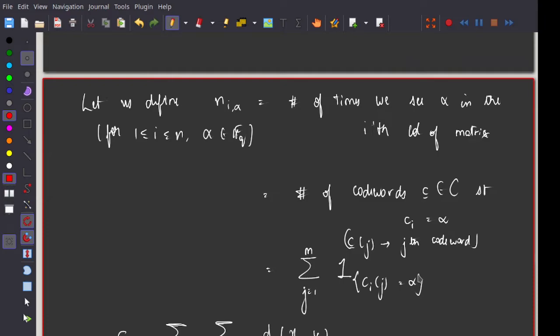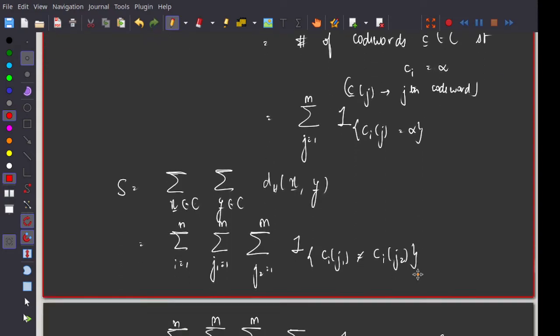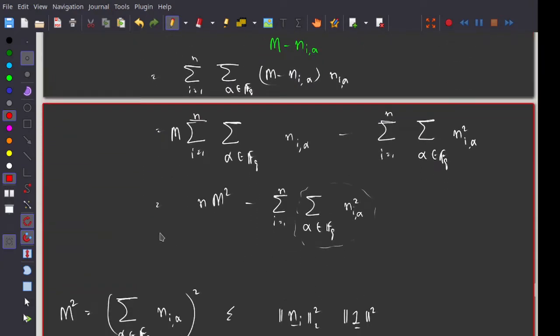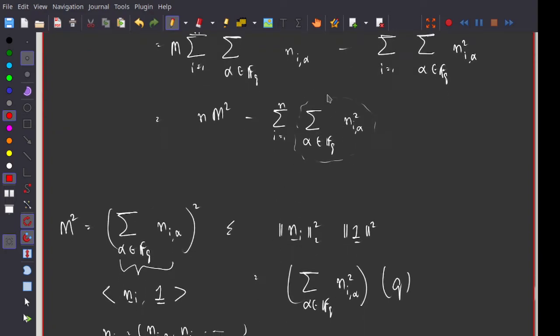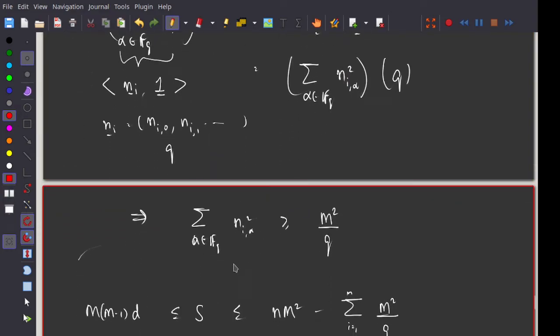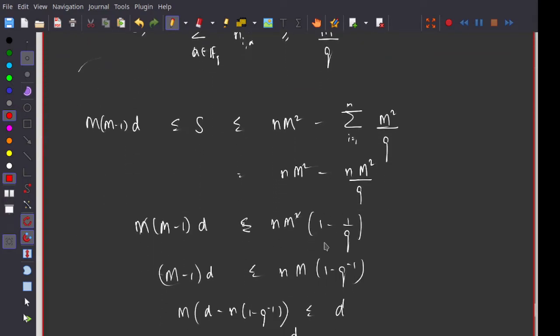For each coordinate, we counted the number of pairs of code words for which the ith coordinate is different. And we showed that that is equal to nM squared minus this particular quadratic term. To bound this quadratic term, we just used the Cauchy-Schwarz inequality. We showed that this quadratic term is greater than or equal to M squared by q, and then substituted it back into the expression.